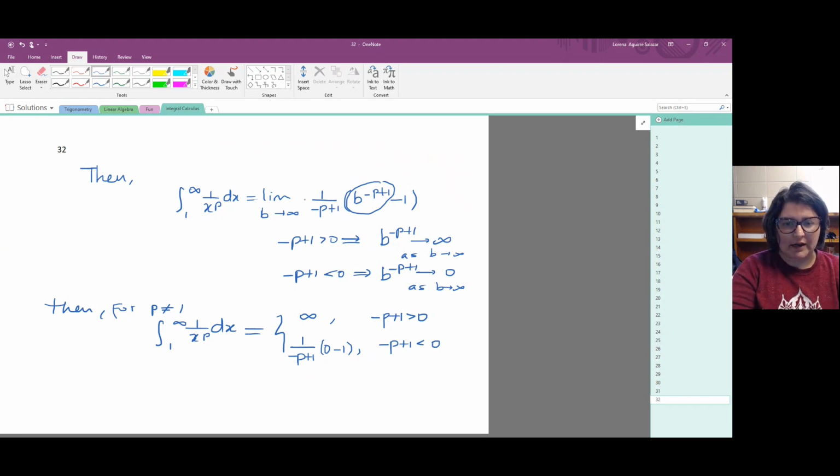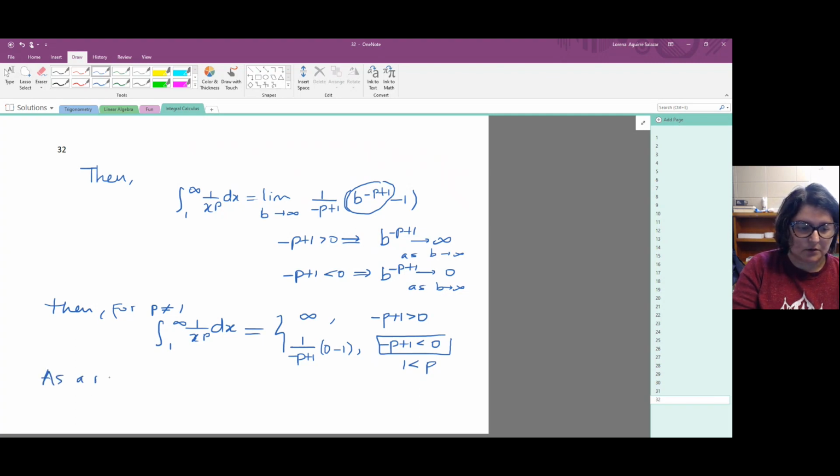Notice that 1 over negative p plus 1 is positive when negative p plus 1 is positive, so we stay at infinity. So the integral converges for values of p that satisfy this inequality, and only for those: p greater than 1.